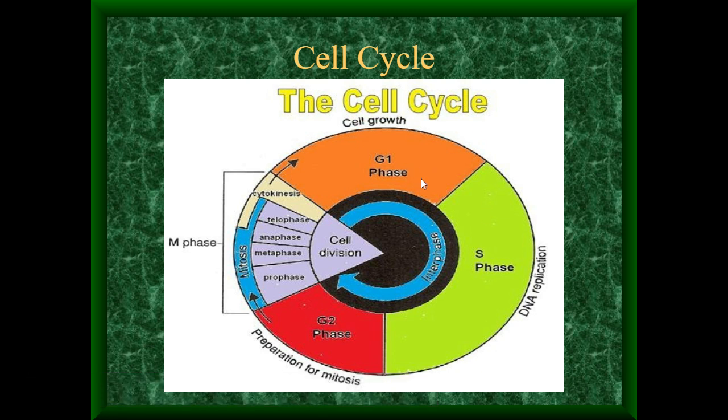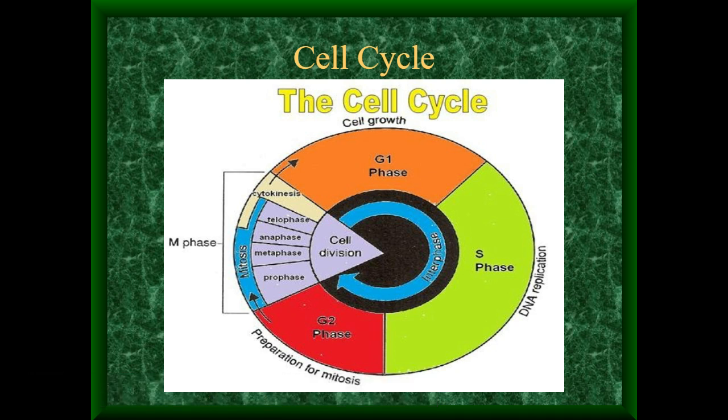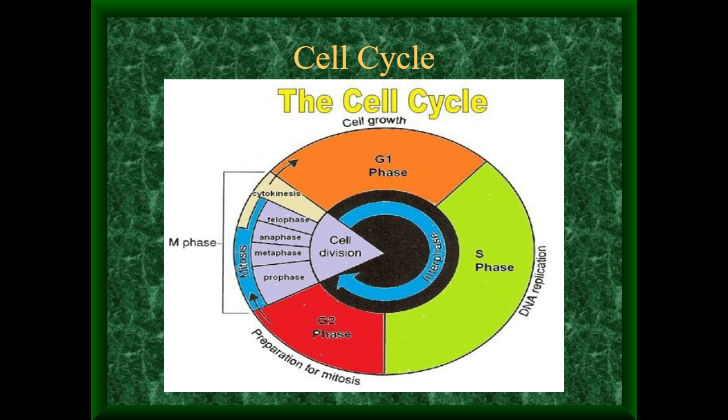So we go through G1, S phase, G2. Remember, G0 is only for nerve cells in animals. Then you have your mitosis, your prophase, metaphase, anaphase, telophase, cytokinesis. This divides the entire cell, and then we move back into the cell growth stage. So you are constantly moving through all this. This is how cell division works.